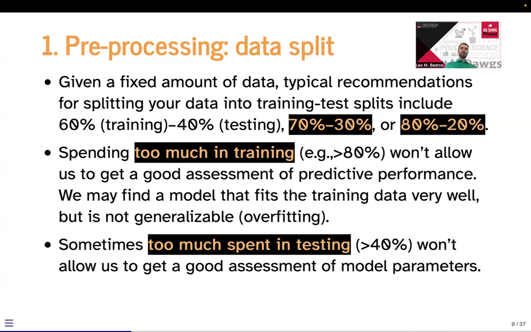On the other side of it, if you spend too much data on the testing side, so let's say you have over 40% of your data on the testing side, perhaps it's going to be harder for you to create a good model to begin with, because a lot of that data is going to the test, which is not used for training. So maybe your model is not going to be as complete as it should because it's not seeing enough data.